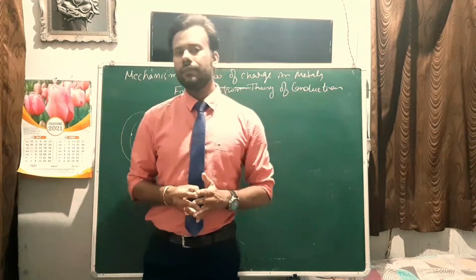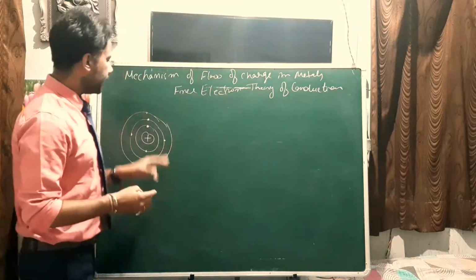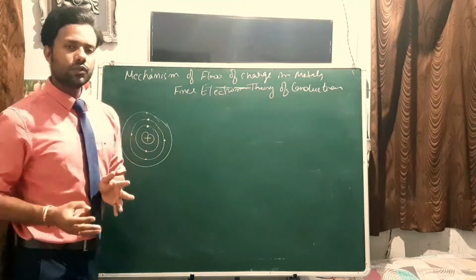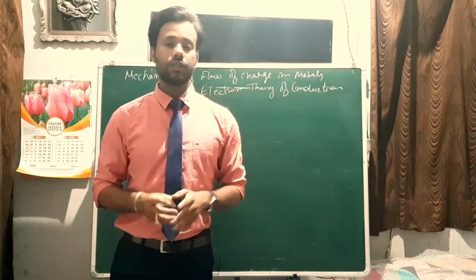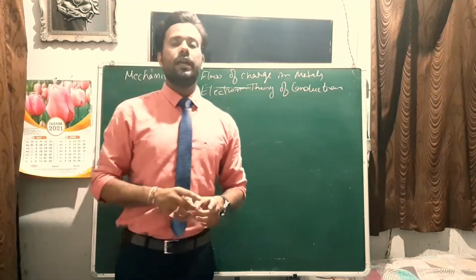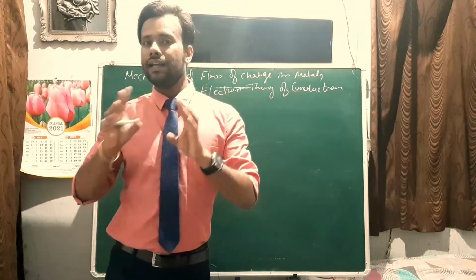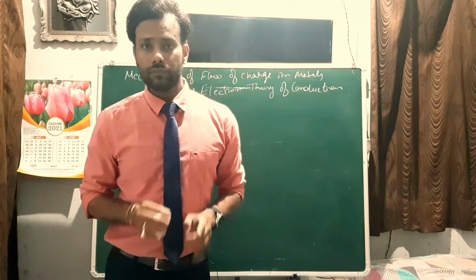Usually the atom is neutral because the total magnitude of the negative charge is equal to the total magnitude of the positive charge, because the number of electrons is always equal to the number of protons in a neutral atom.